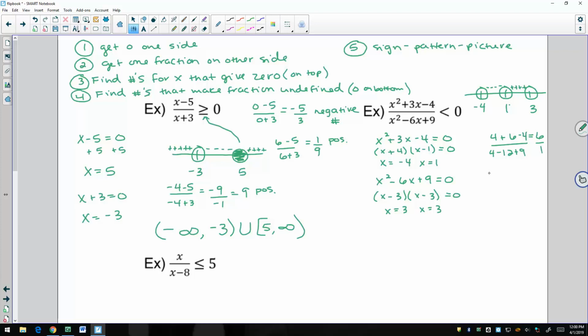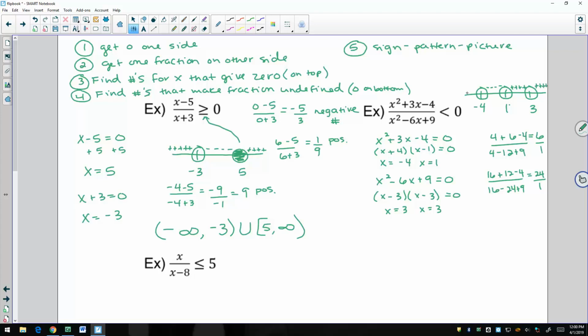So 4 squared is 16, plus 12 minus 4, all over 16 minus 24 plus 9. So 16 plus 12 is 28, minus 4 is 24, so that's positive. Divided by, well, 16 minus 24, that would be -8, plus 9 is a positive, so that's also positive.